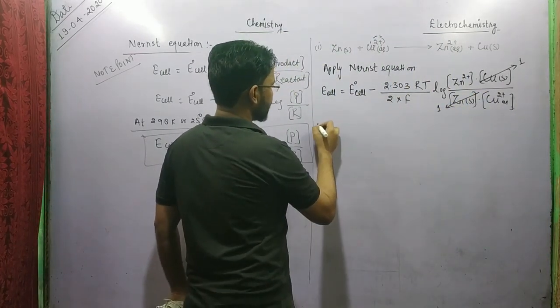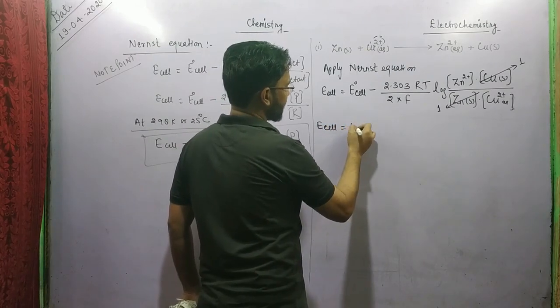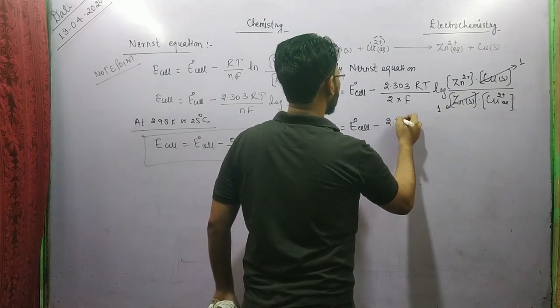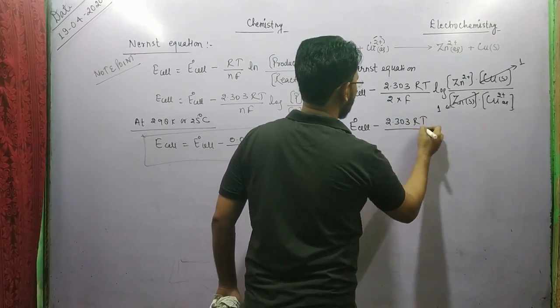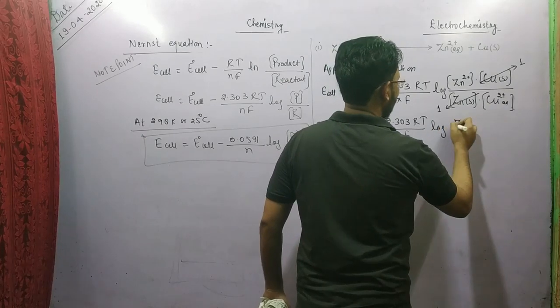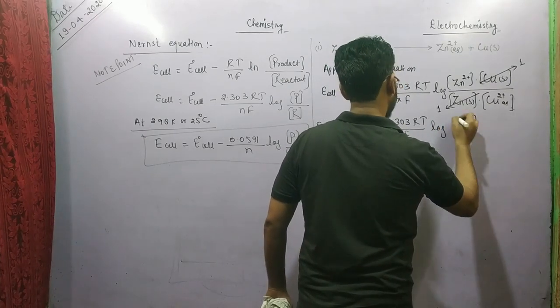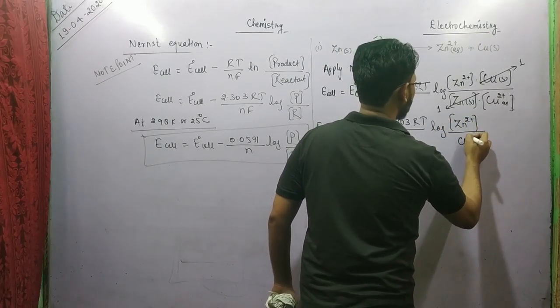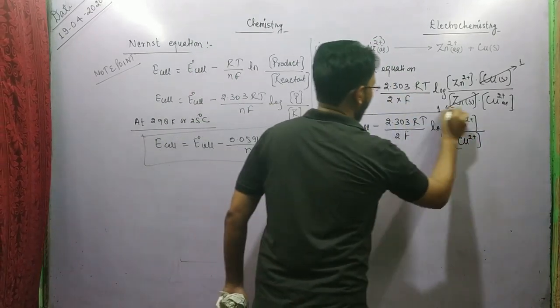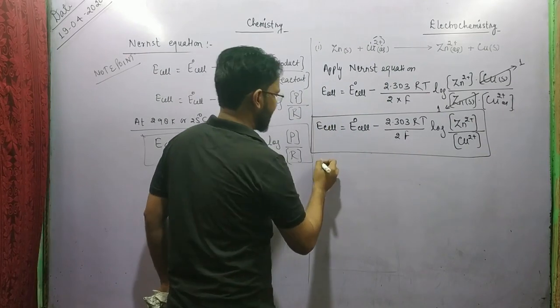Then the equation becomes E cell equals E naught cell minus 2.303 RT over 2F log of Zn2+ concentration over Cu2+ concentration.